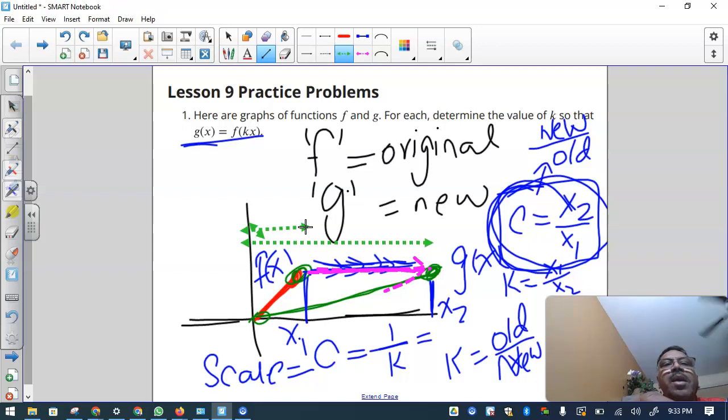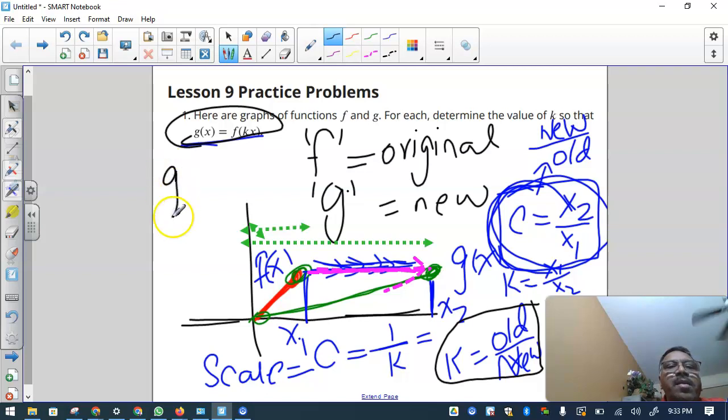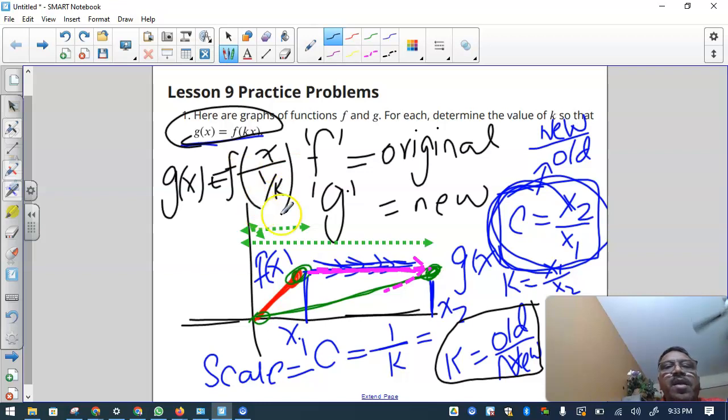when you plug it in, k is the number x1 over x2, and if I write g of x, I can write it as f of x divided by 1 over k. So basically it is f of x over c. That c decides whether it is stretched to the right side.